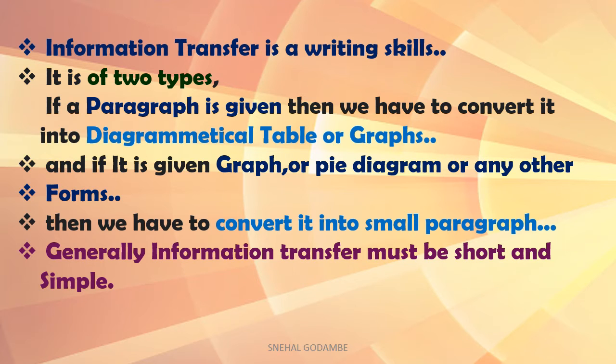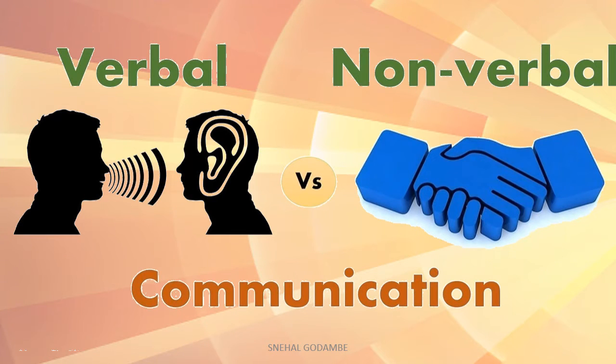5 marks. Okay. Now there are two types of communications you can see in the picture, verbal and non-verbal. Now after watching this picture, you will get an idea about what is verbal communication and what is non-verbal communication. Look at the first picture.